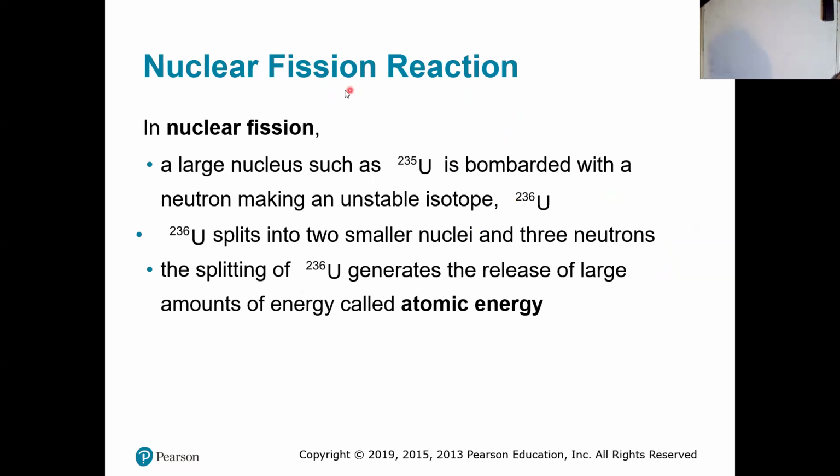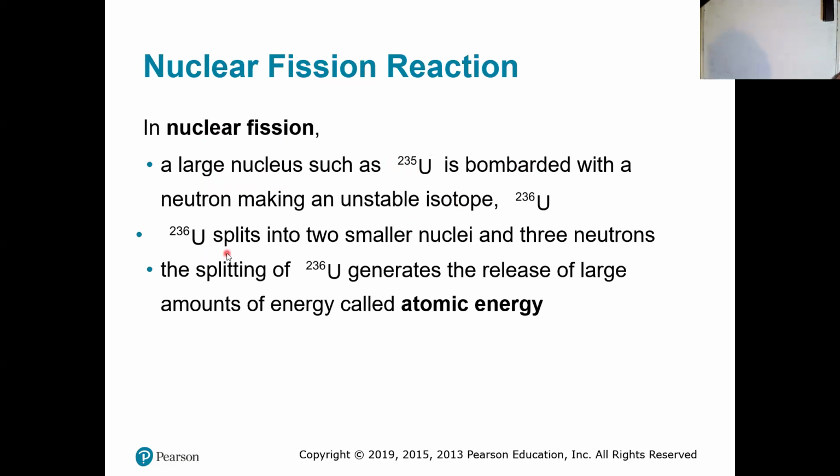The word fission means splitting something apart into pieces. Okay, so when you have a nuclear fission reaction, you're going to be taking something with a relatively large nucleus like uranium-235, and you're going to bombard it with something like a neutron, and this is going to make it unstable. Okay, we talked about bombardment before. This is similar to that.